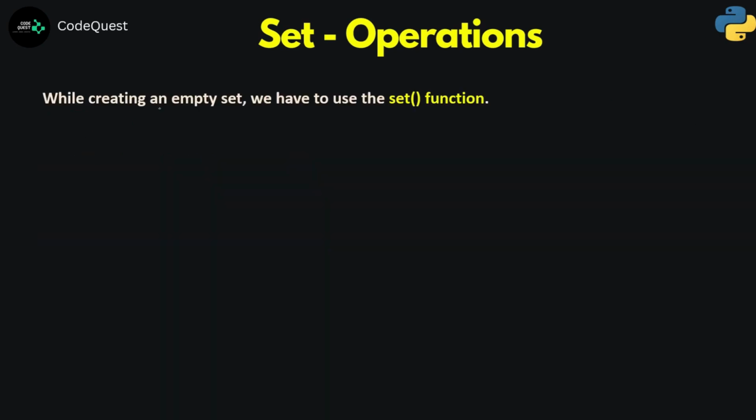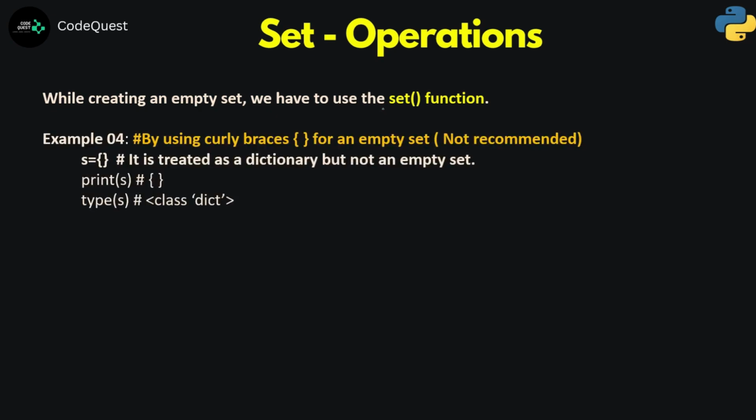Now while creating an empty set, we cannot simply write opening and closing curly braces, because that is how we identify a set with elements. Rather, you have to take the help of the set function. Let us see what exactly happens if I use empty curly braces to create a set.